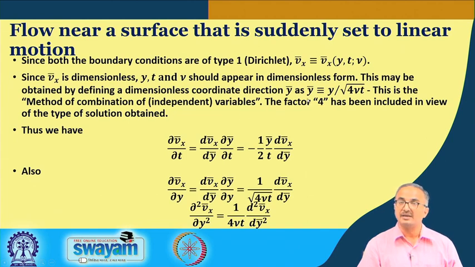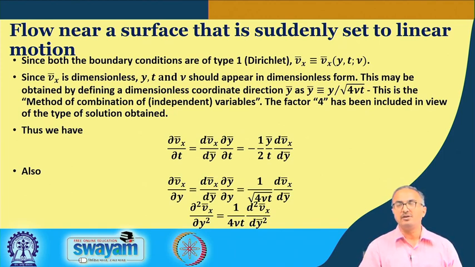So, we are getting a non-dimensional distance with respect to the variables which are already there in the equation. And this factor 4 has been taken as a factor for which we will see how its inclusion helps in the equation.